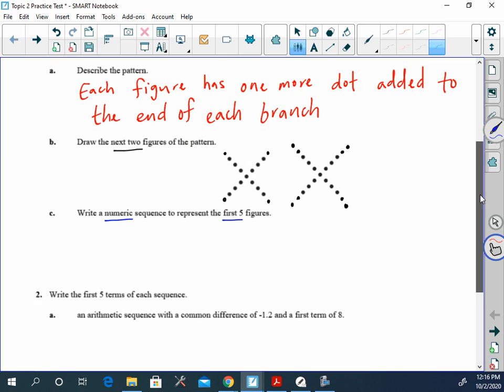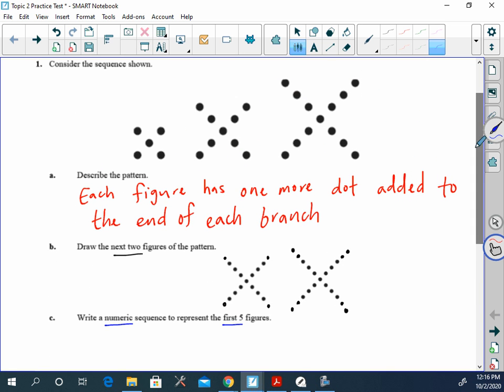So when we're looking at the numbers that go with this, we're talking about the number of dots. So this first one has 5. And then when you go to the next one, there's the 5 that are in here, and 1 dot got added to each of the branches, so it's going to be 4 more, so it's going to be 9. And then this one's the same picture we just saw, except for adding 4 more dots to the outside, so that one should be 13. So we can start listing these.